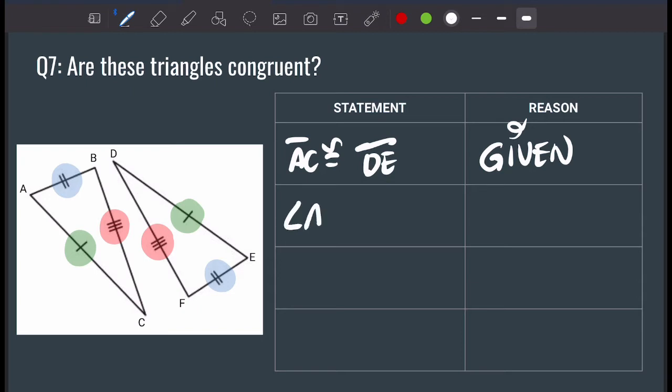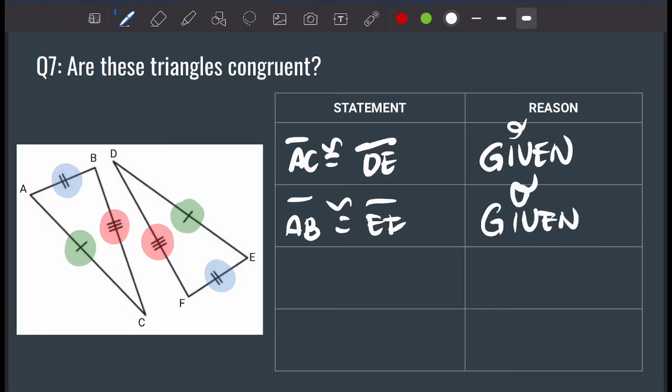Line AB is congruent to line EF and it's also given, okay? Okay, next.